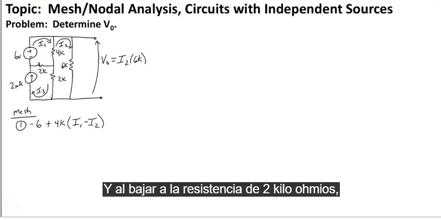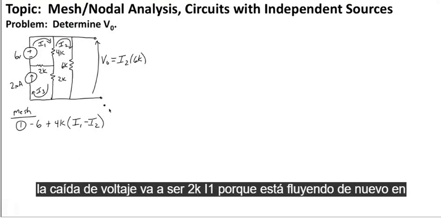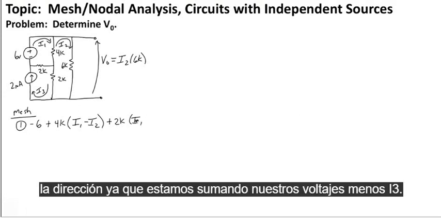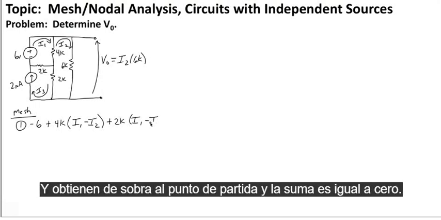And coming down to the 2 kilo ohm resistor, the voltage drop there is going to be 2K times I1, because it's again flowing the same direction as we're summing our voltages, minus I3. And that gets us back to the starting point, and the sum is equal to 0.